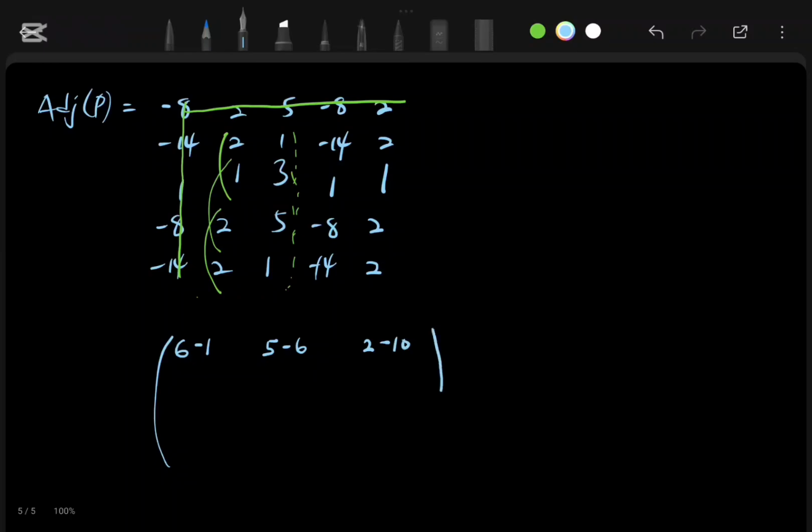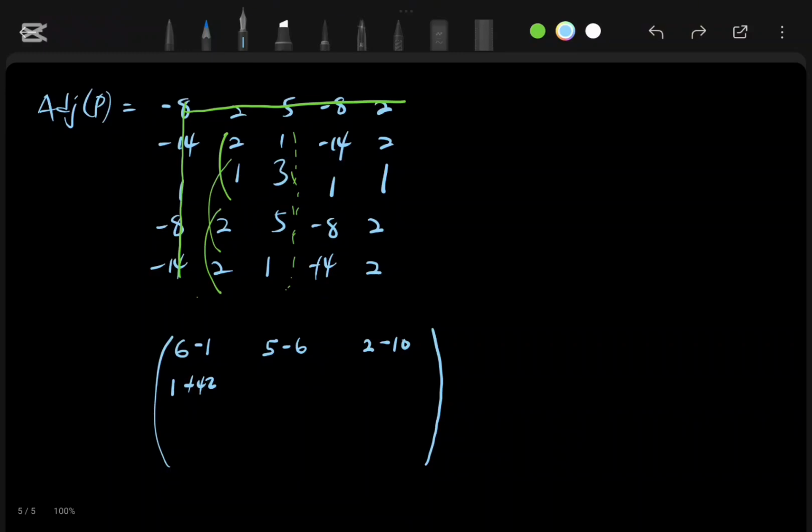You close your bracket. Then you move to this block. We have 1 times 1, which is 1, minus 3 times 14, which is 42. So plus 42.